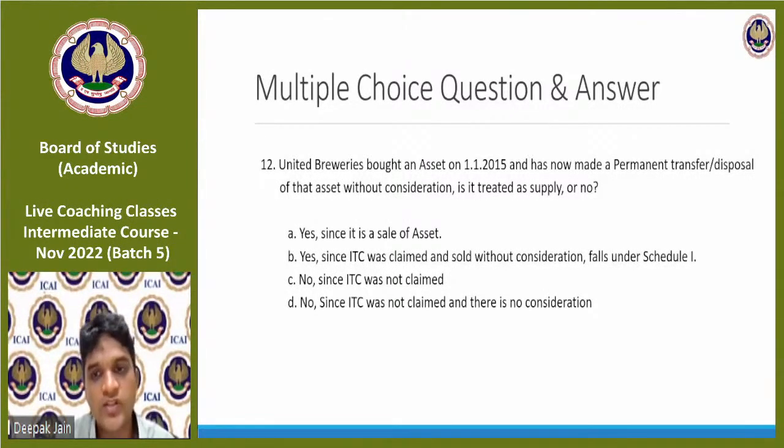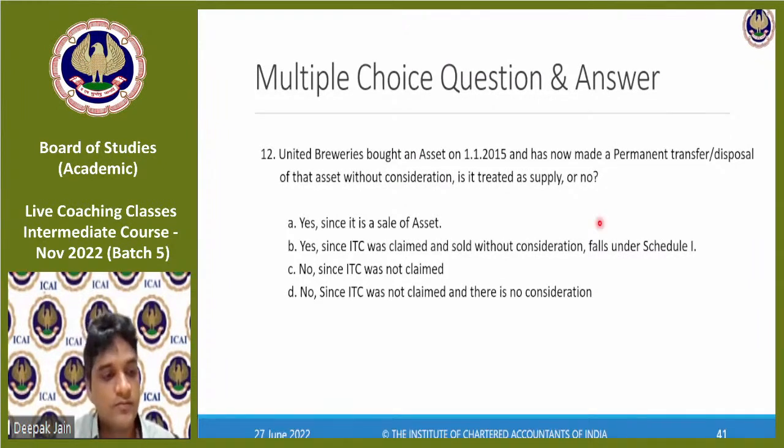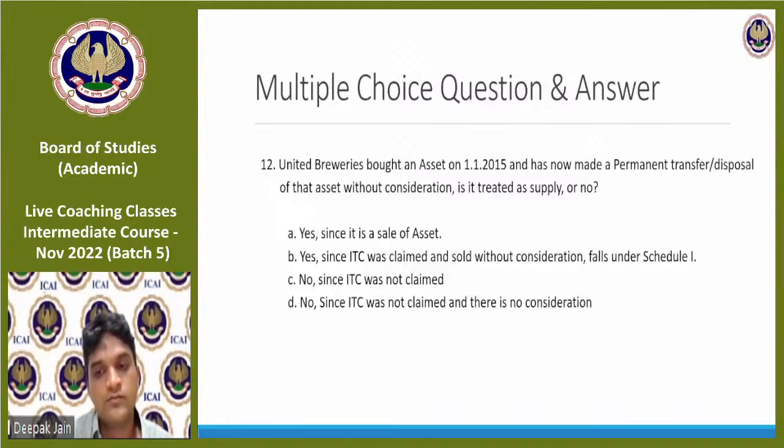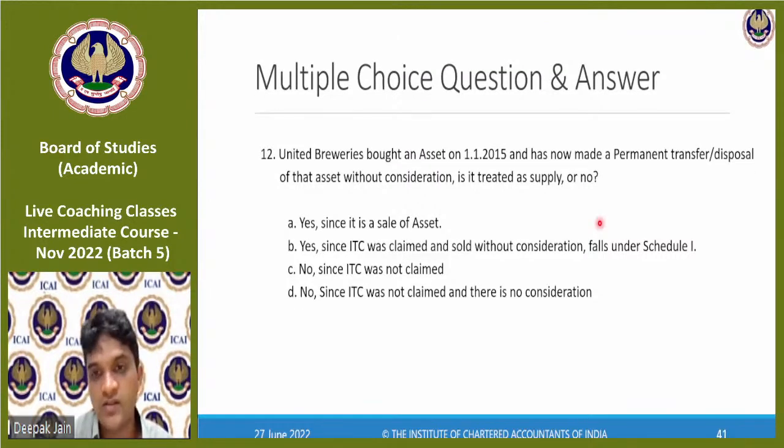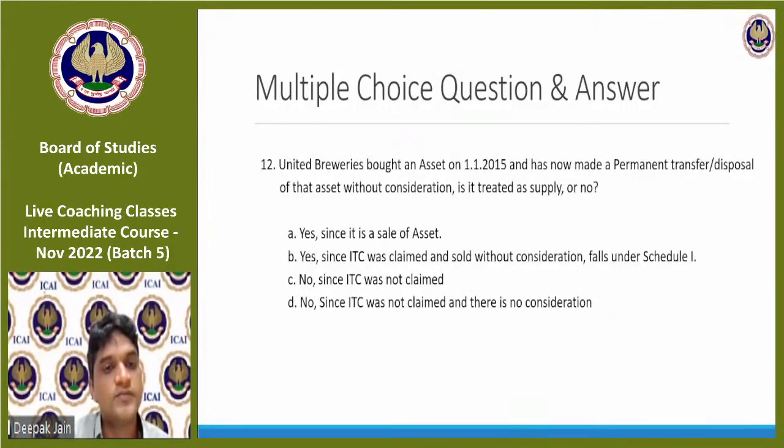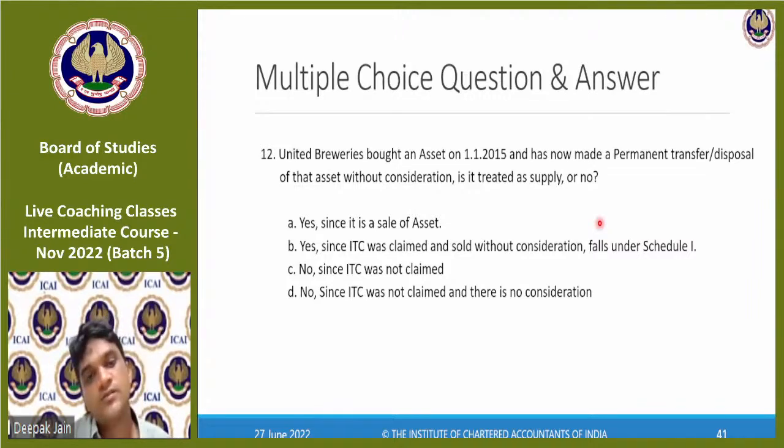Question number 12. Question number 12. What is the answer? 12 answer is D. Somebody is saying, most of them are saying B. Since it's a sale of asset, you get the credit and you have claimed the credit, and it's a permanent transfer or disposal of assets.